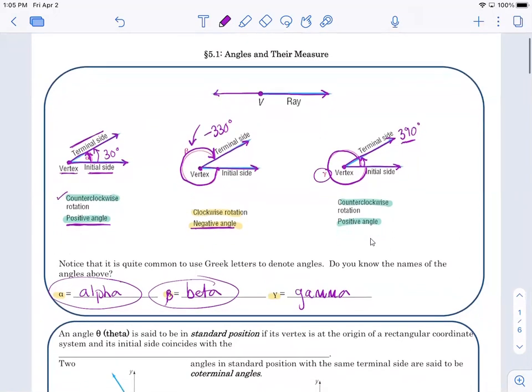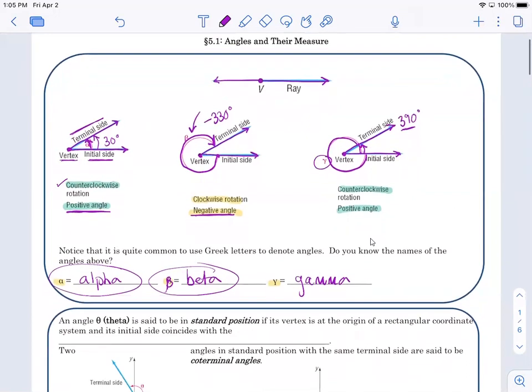All right, the one last thing I want to say in this little video before we go on to the second video is we always want to measure our angles in standard position, okay? And that's if the vertex is on the origin of the rectangular coordinate system and its initial side coincides with the positive x-axis.